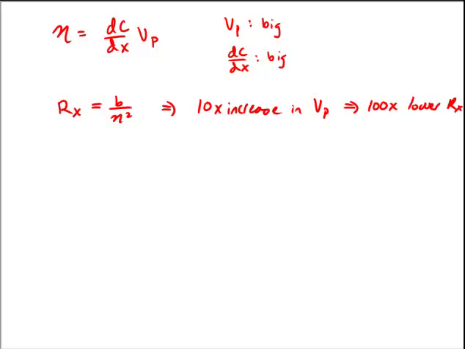But what else can we do? Well, dC/dx, we can make that bigger. Let's do it for a parallel plate capacitor. It turns out most people use parallel plate capacitors nowadays, not these comb finger structures, because the dC/dx is just not big enough.